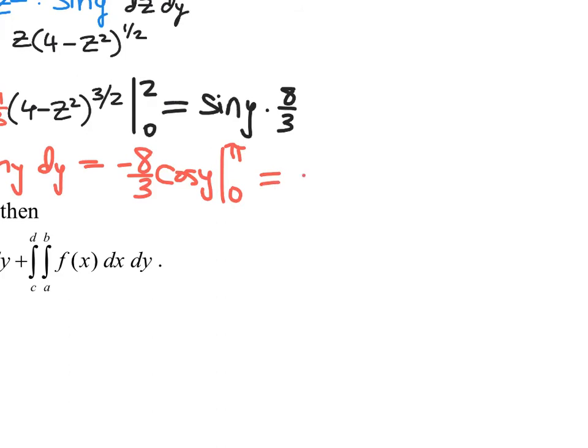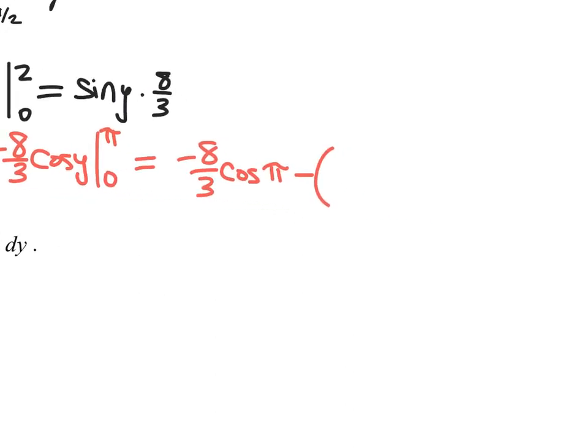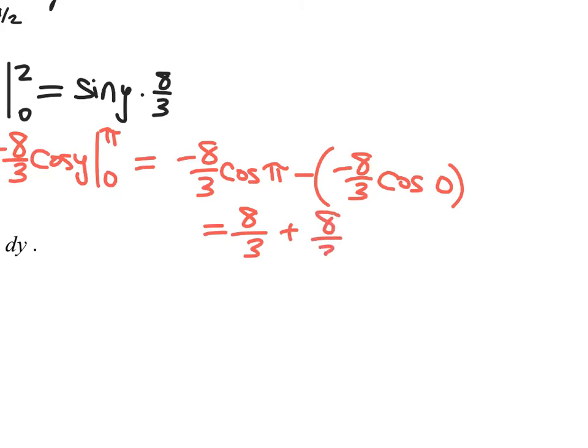All right, so negative 8/3 cosine pi minus negative 8/3 cosine of 0. So we're talking 8/3, because cosine of pi is equal to negative 1, plus 8/3, because cosine of 0 is equal to positive 1. So the result is 16/3.